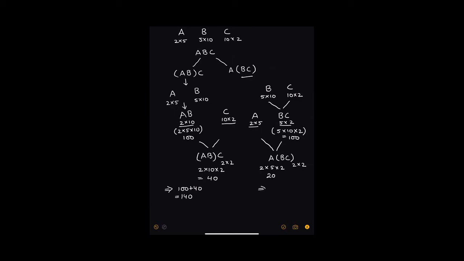So the total number of multiplications from multiplying these matrices in this order is 100 plus 20, which is equal to 120. So we can see clearly that of these two costs, this is the lowest cost of multiplication. So if we multiply our matrices in this fashion, we will get the least number of multiplications to get the matrix ABC.